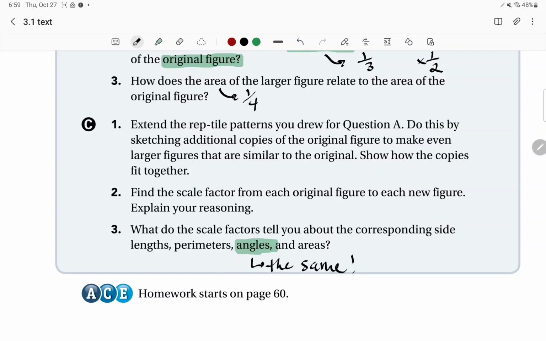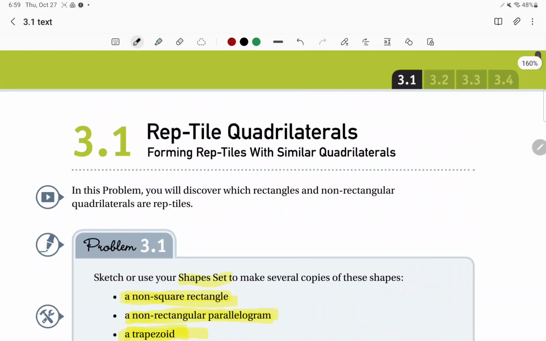So if you're using a bunch of congruent shapes to make a larger shape that's similar to itself, the angles will remain the same. The areas are going to be whatever your scale factor is squared, and you would figure out your perimeter and length scale factor, just like what we did. All right, so that is all for Rep-Tile Quadrilaterals from 3.1.